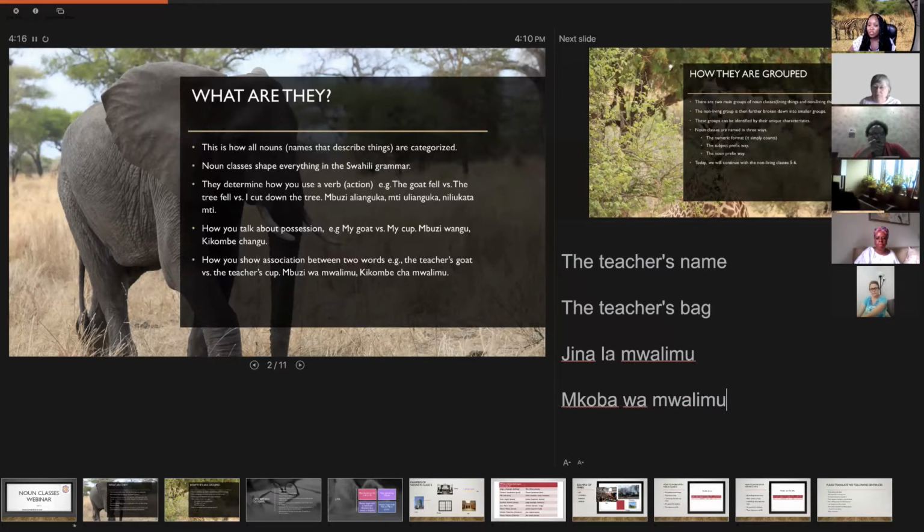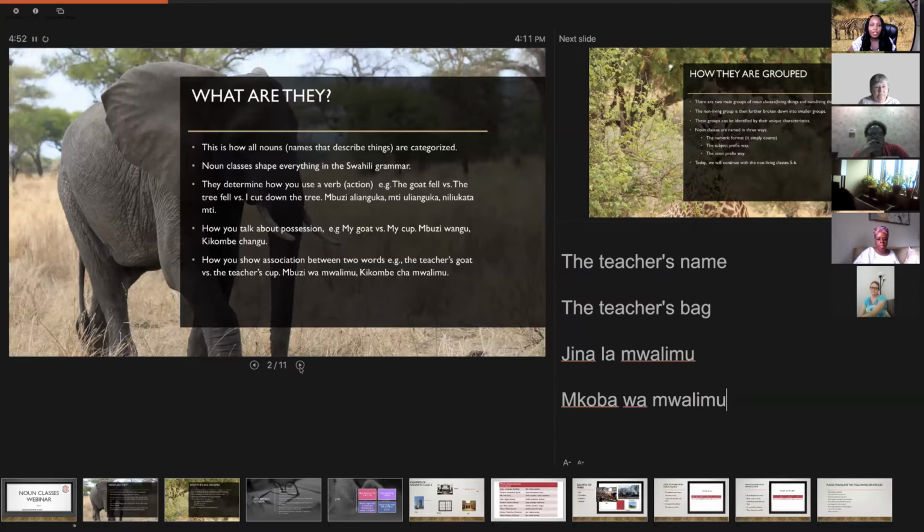In English, this should technically be the same thing, but because these 2 things belong to different noun classes, the wa is going to be different from the la. That's why sometimes you're like, my goodness, why is it ya, wa, la? The next time it's cha. What is going on? This is what is going on in noun classes. So you can see why you really can't escape noun classes. Even though it's a huge topic and this is like part 3 of it, it's important because once you get this, I promise you, everything else becomes so much easier.